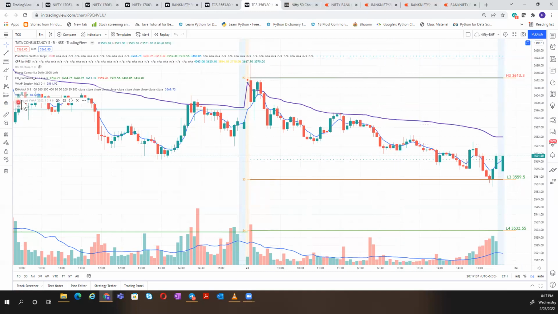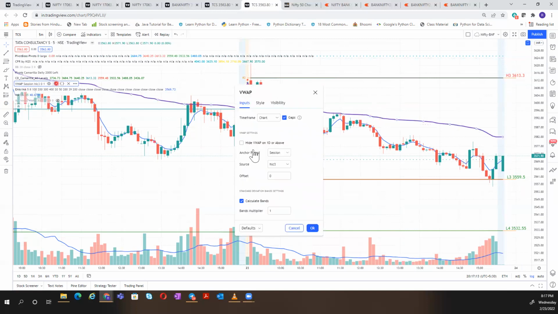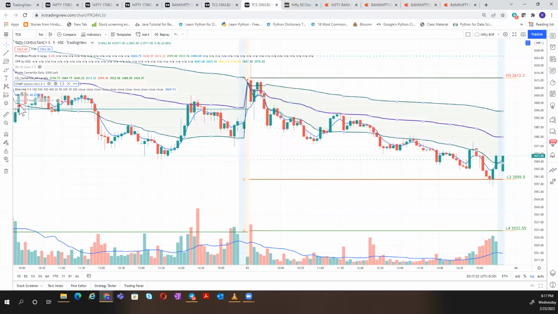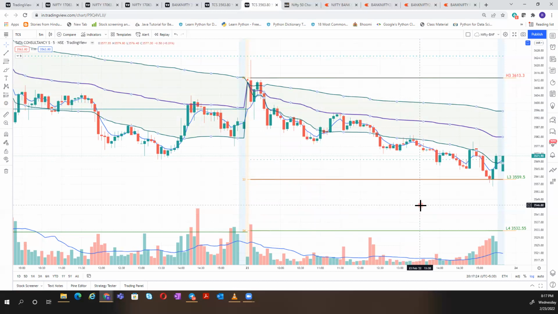Along with this 5 EMA, in TradingView, you have VWAP bands, upper band and lower band. Now, most of the folks don't know what is the usage of these bands. It is nothing but standard deviation, similar to Bollinger Band. And you can consider when the price comes below this as overbought, like RSI, stochastic or Bollinger Band.